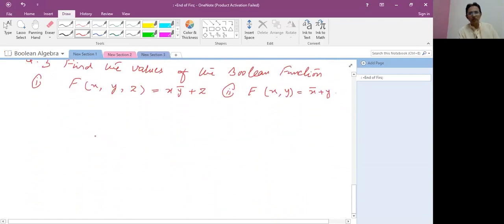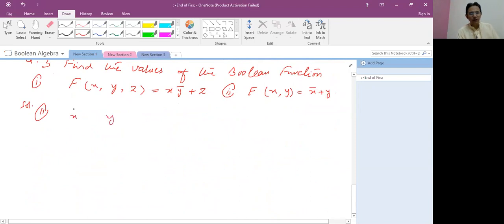Now the third problem, students: given a Boolean function depending on 3 variables and 2 variables, how can we find its values? First we solve the second part, with 2 variables.